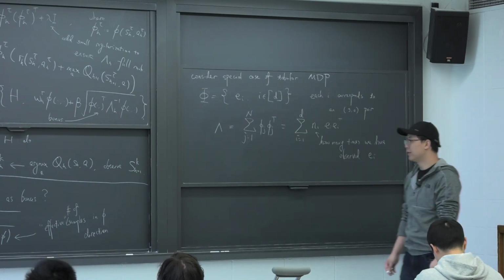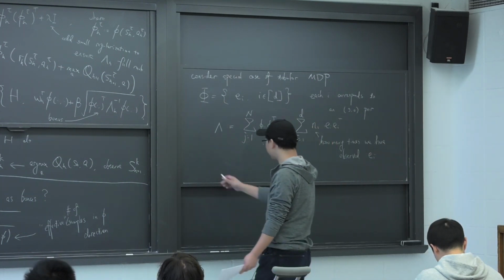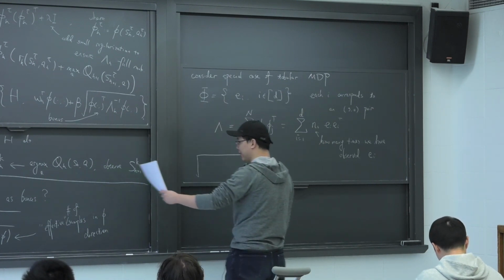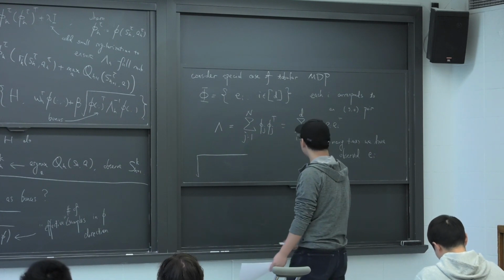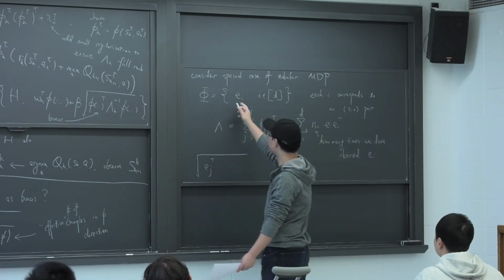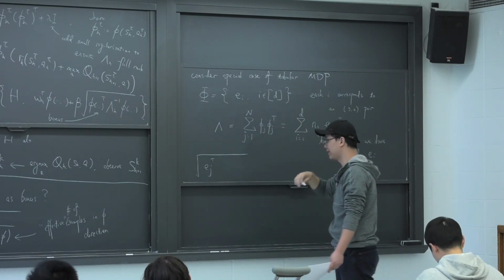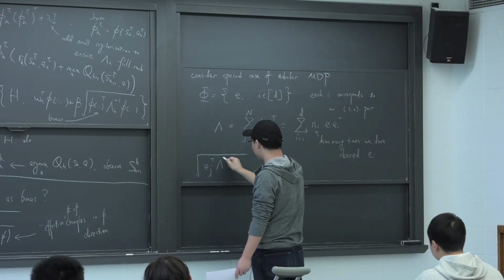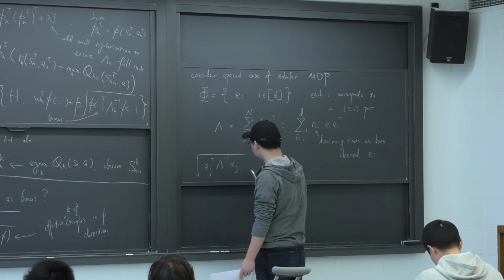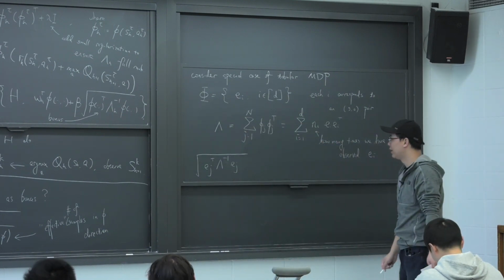So in that case, when we look at the bonus function, it is always in the form of phi transpose lambda inverse phi. For example, phi is some e_j, because the feature vector is always just the basis vector, and so e_j transpose lambda inverse e_j.